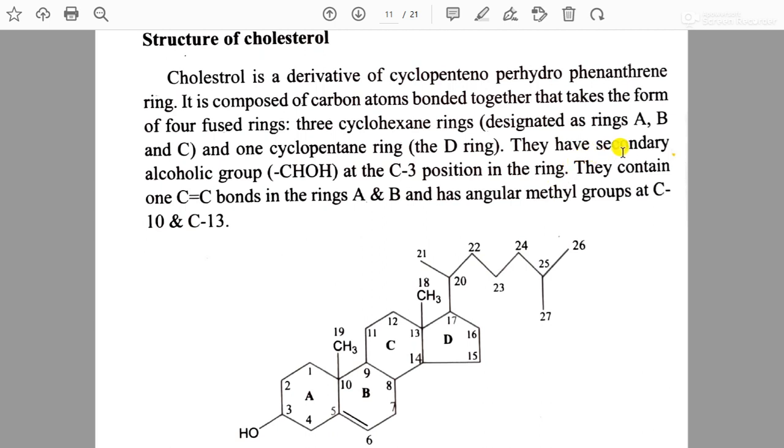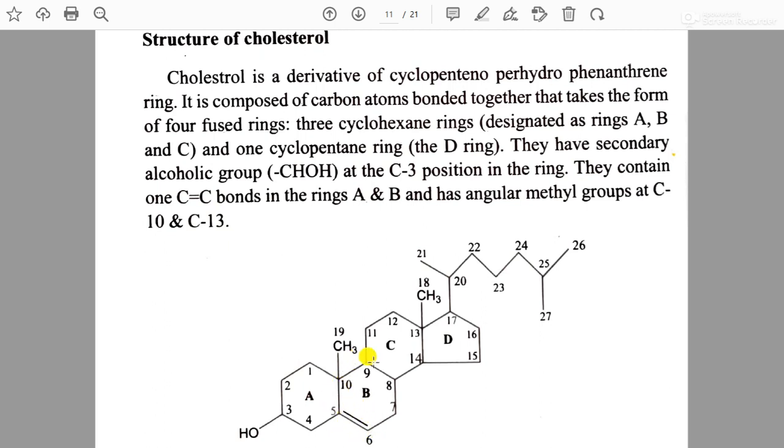They have a secondary alcoholic group, that is a CH-OH group at position 3, the C3 position in the ring, and they contain 1 carbon-carbon double bond at the 5-6 position.